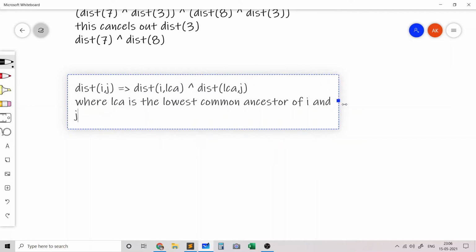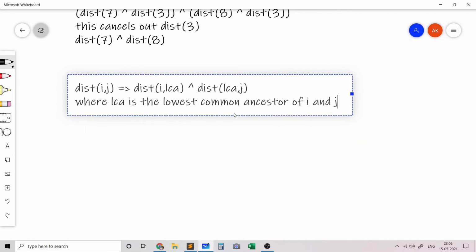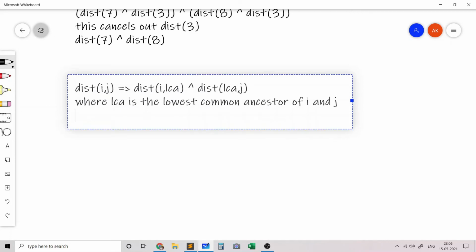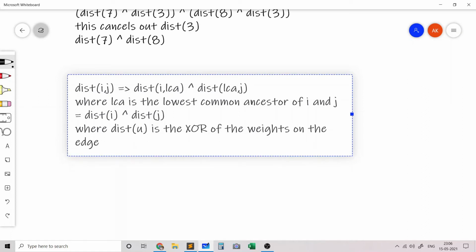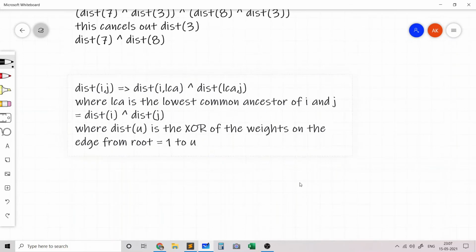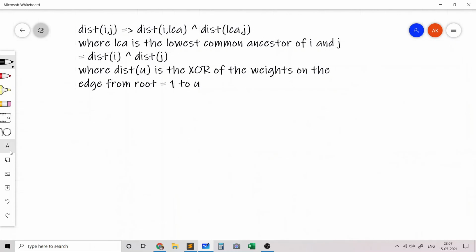And the reason why this works is because i to LCA and LCA to j correspond to the path between i and j, and this will just be equal to distance of i XOR distance of j, where distance of u is the XOR of the values on the edges from root 1 to u. And that's the whole crux behind the problem.